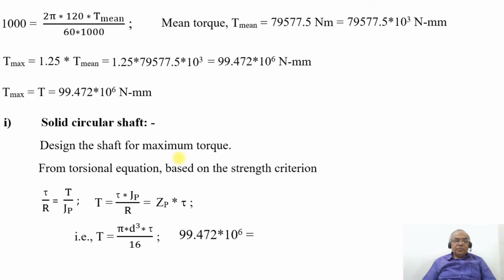Now substitute the values. Torque is 99.472 into 10 to the power of 6 equals pi by 16 into d cube into tau, where tau is 80. On simplification, the diameter of the solid shaft, d, will be equal to 185 mm.